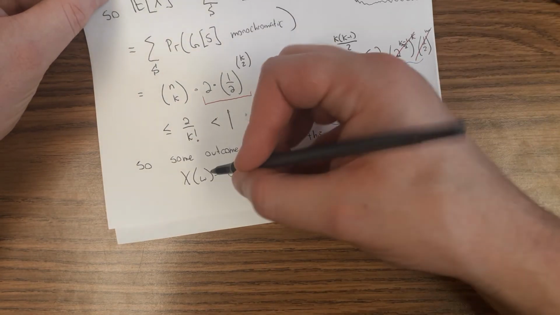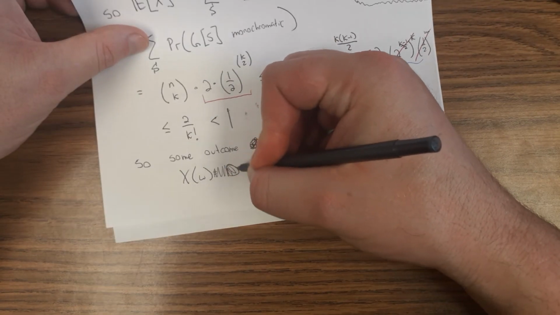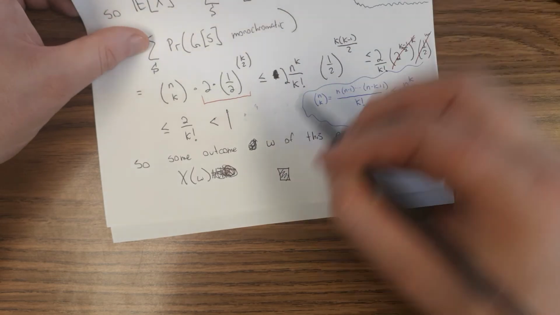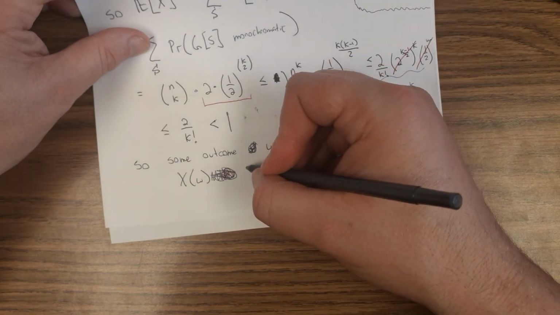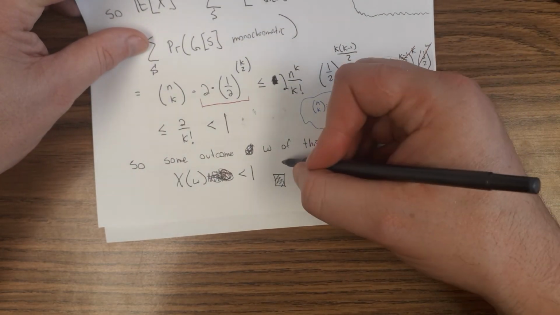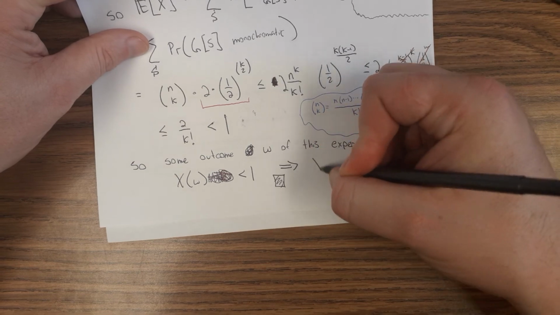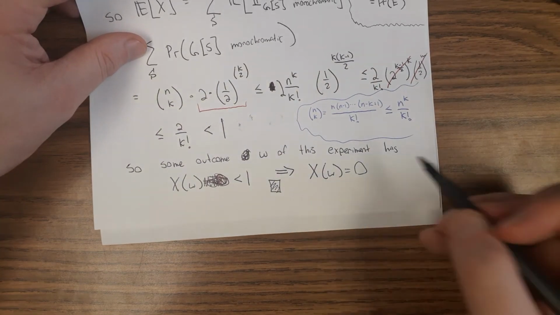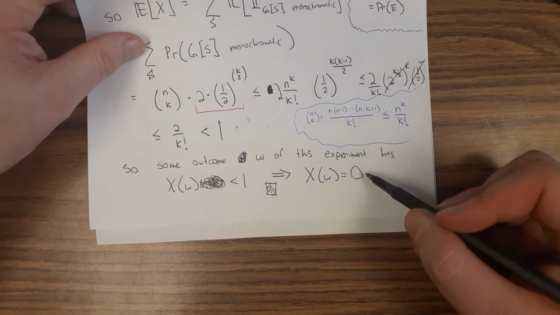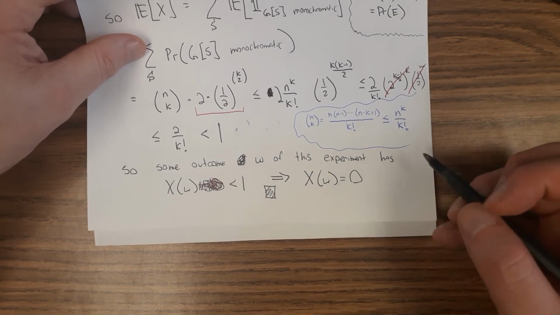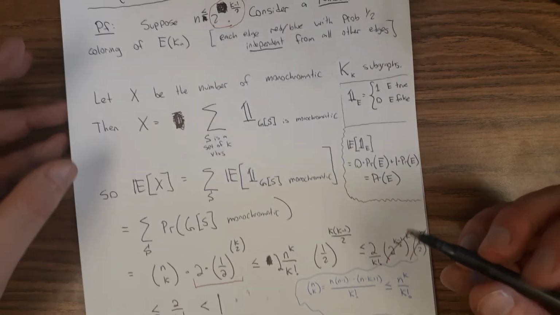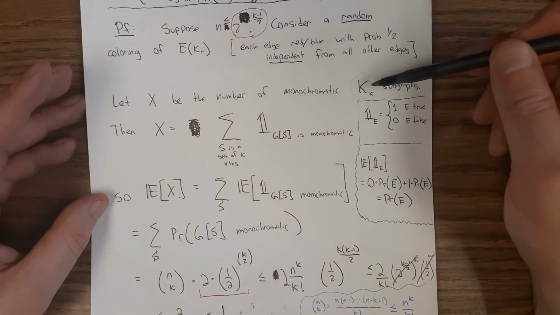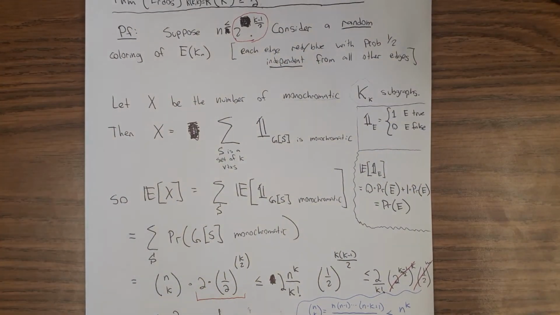Maybe I should make this more clear in the notes. There exists an outcome where that's less than 1, which means there's only one value it could be because it's a non-negative integer, so it must be 0. In other words, there exists an outcome where there are 0 monochromatic k sub k subgraphs.